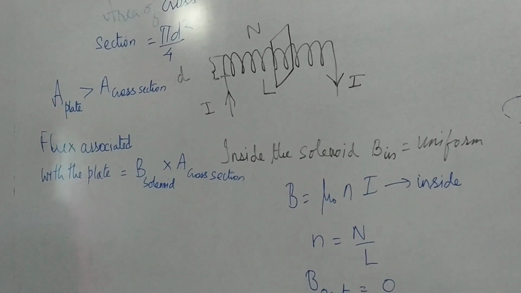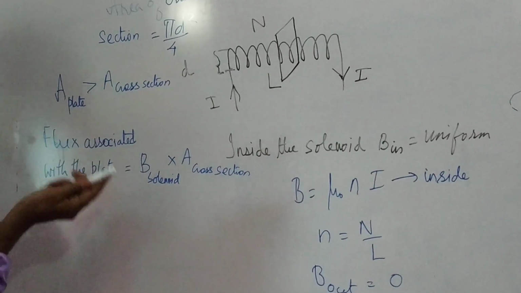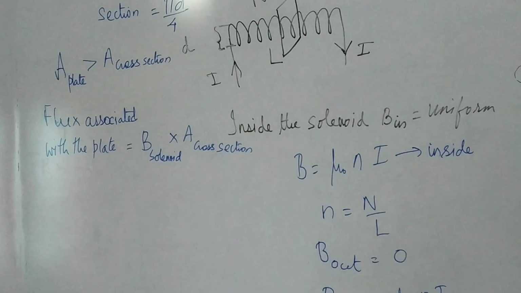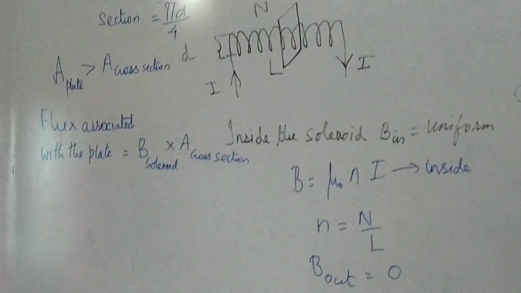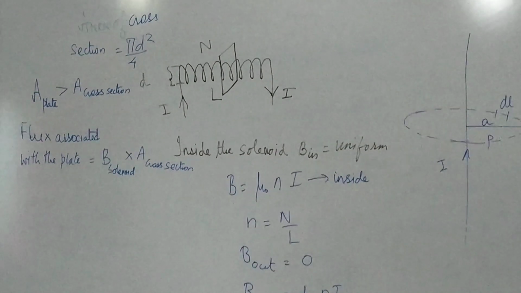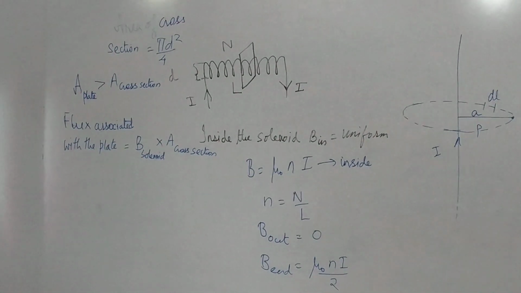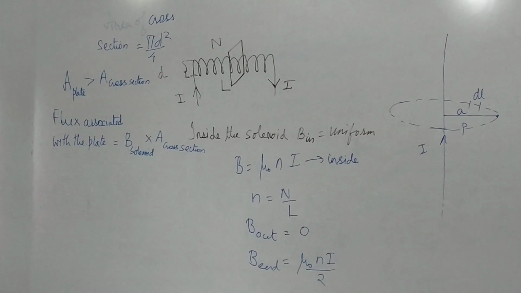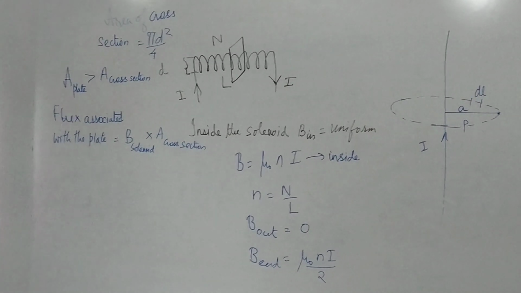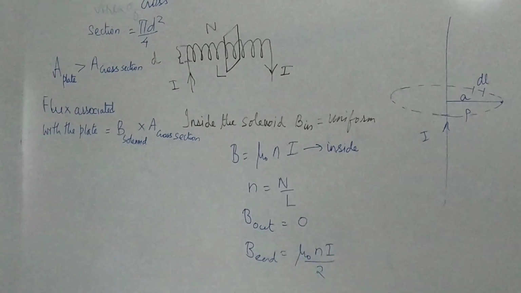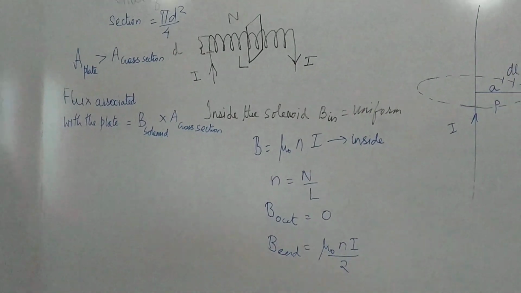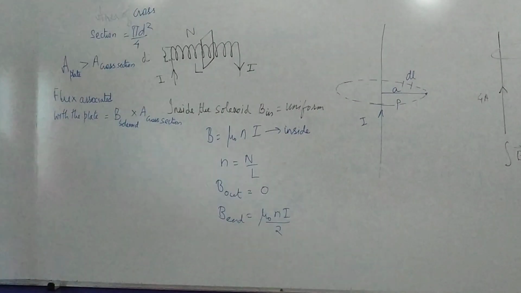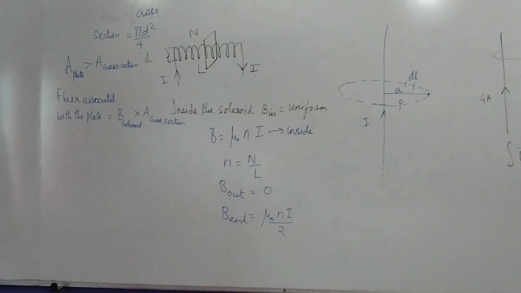Or in the other case, if the area of cross section is more, then you take the area of the plate, because that will be the smaller area in that case. So whichever is smaller, we always consider that particular area for our calculations. I hope you followed this particular part, what area we have to consider while calculating the magnetic flux associated with the plate.